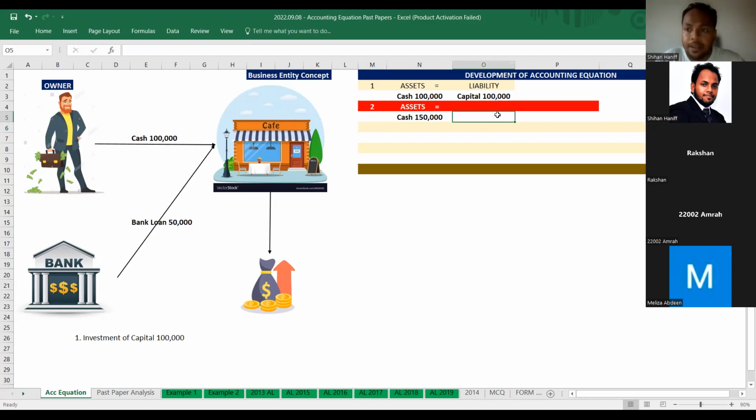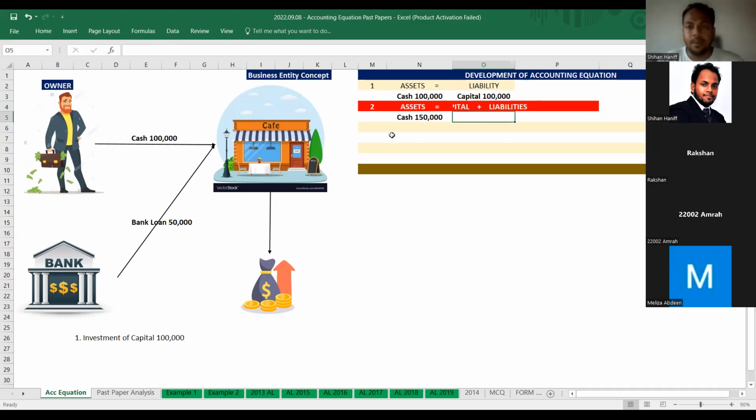Therefore, the liabilities can be divided. The entire total 150,000 liability, we divide into owner's liability and outsider's liability. The owner's liability is called capital. Then the outsider's liability is called just liabilities.